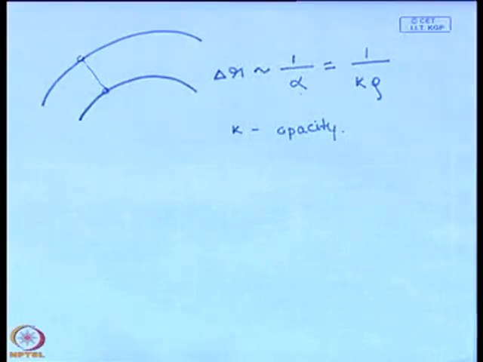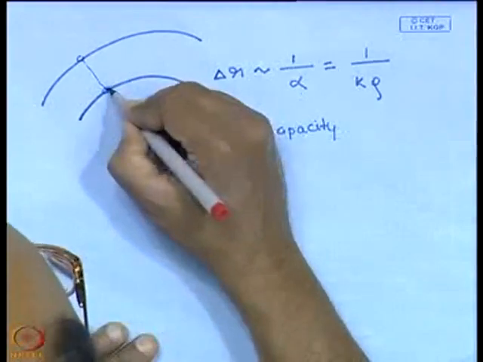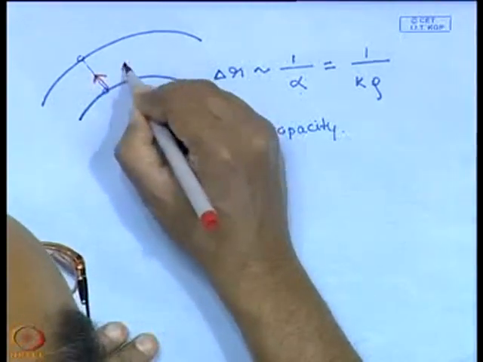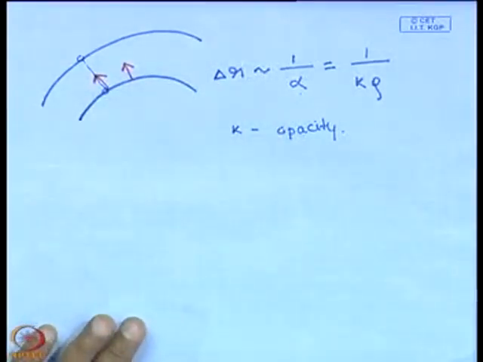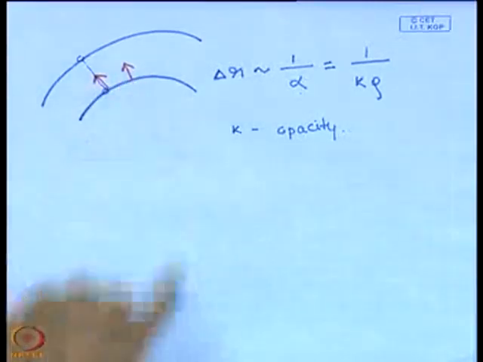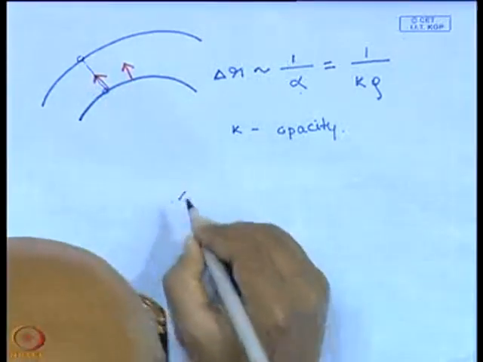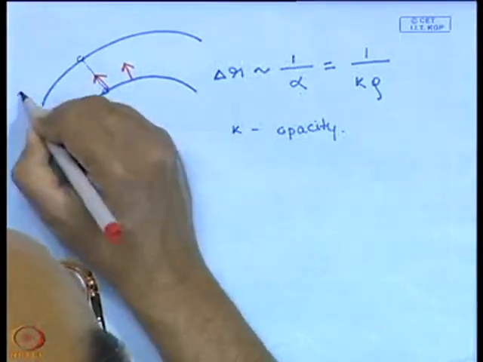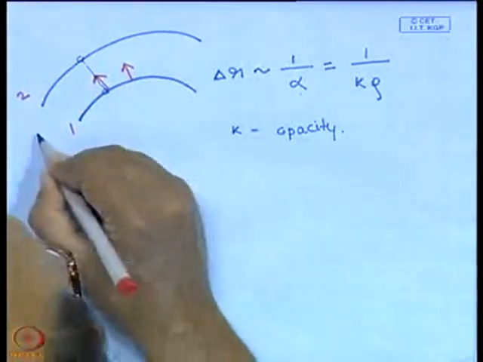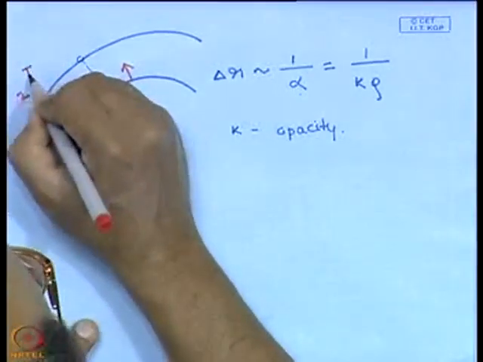Okay. Now, let us calculate the energy flux which is being radiated by this surface. We will call this 1, we will call this 2. The temperature here is T1, the temperature here is T2.